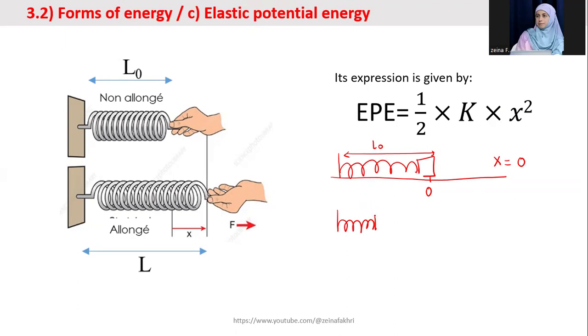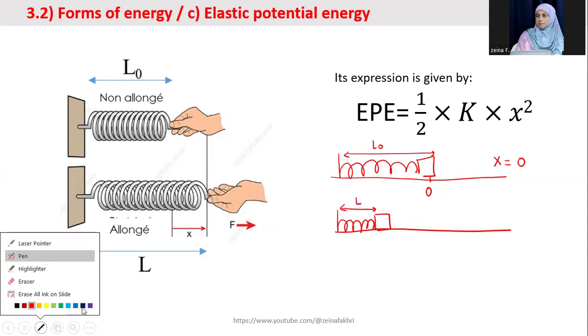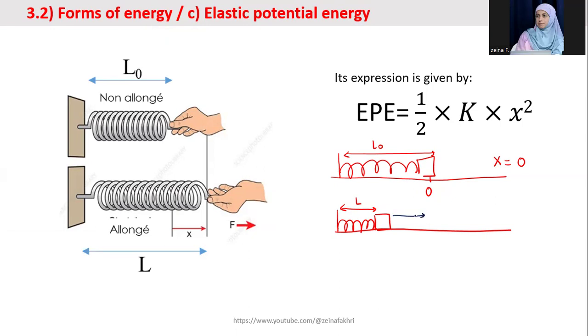When we compress the spring at a certain position, we notice that now there's a certain variation. This is the new length of the spring. So there's a certain variation. This variation here is called x. And in this case, it's given by x equals L0 minus L, the free length minus its length at this position.